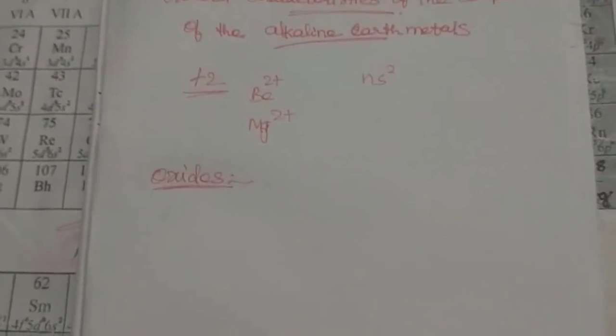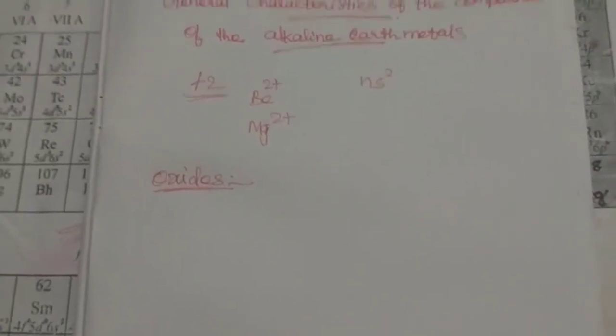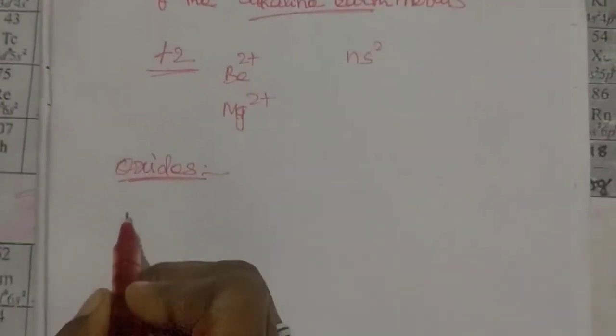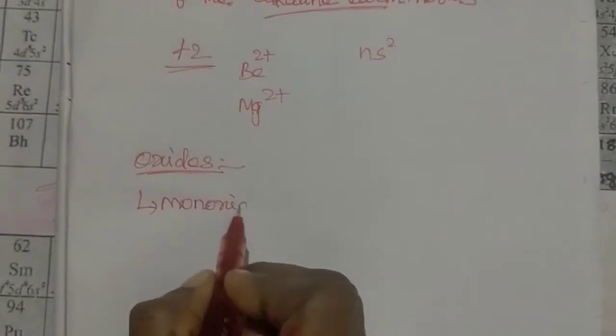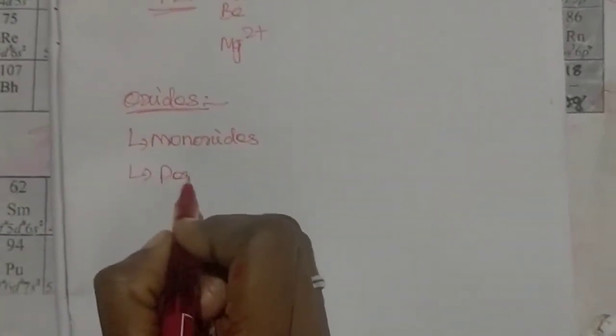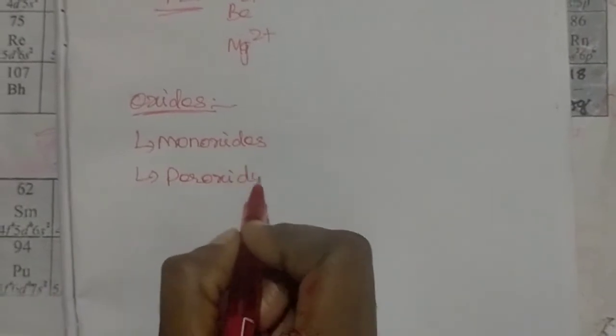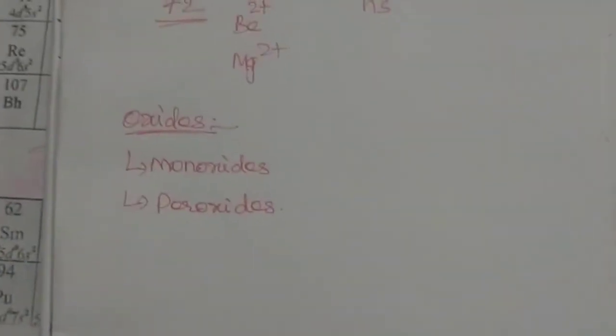So we have two types of oxides: first type, monoxides, and second, peroxides. Generally, monoxides are prepared by heating these metals in the presence of oxygen.